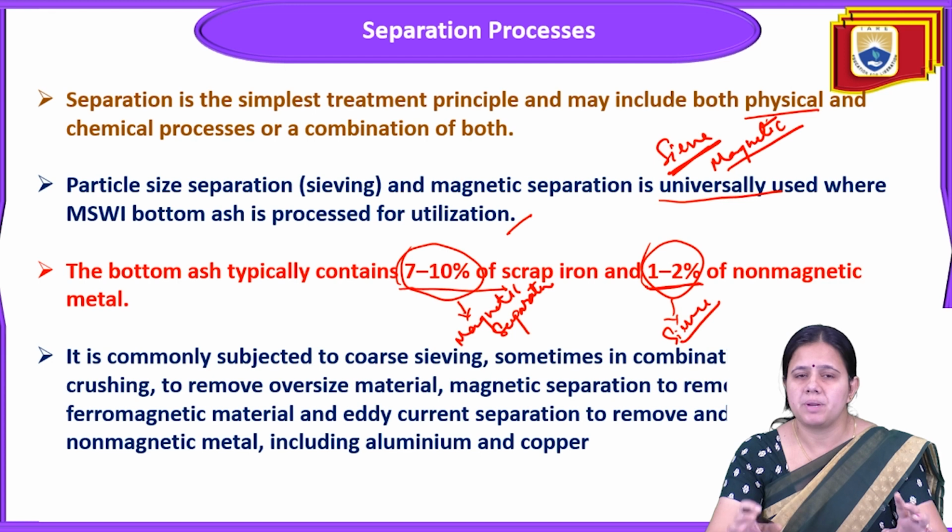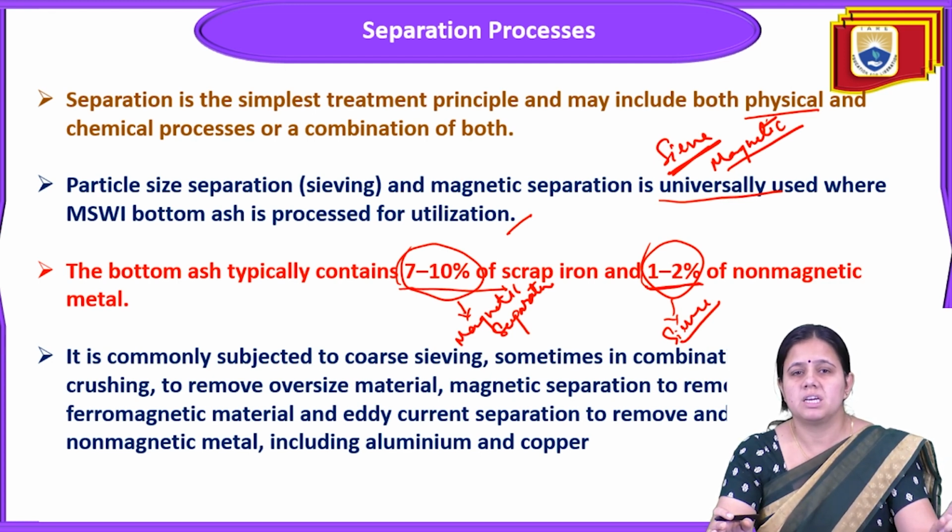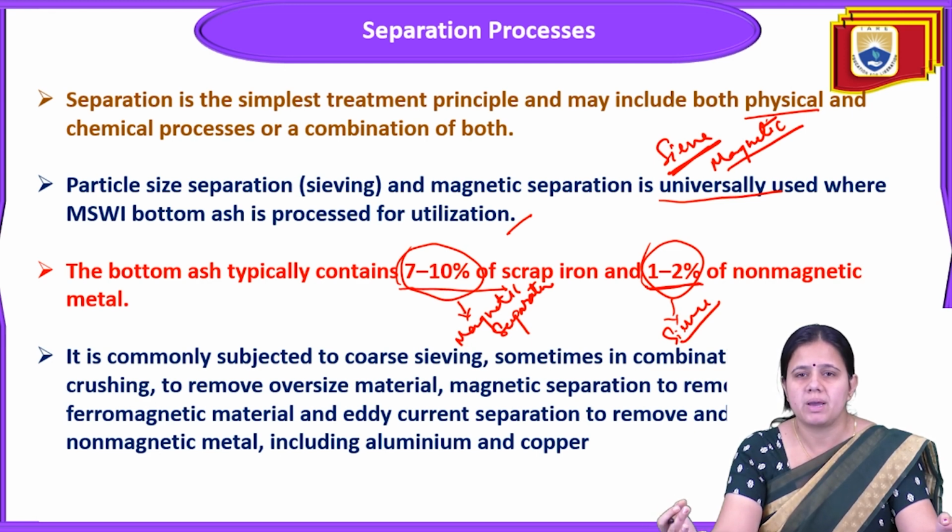So this separation method involves first the sieve method, then the magnetic separator. After the sieving, some coarse particles remain, and these are separated using eddy current. Some non-magnetic metals like aluminum and copper are separated by using the eddy current.